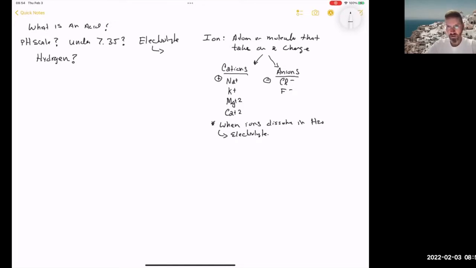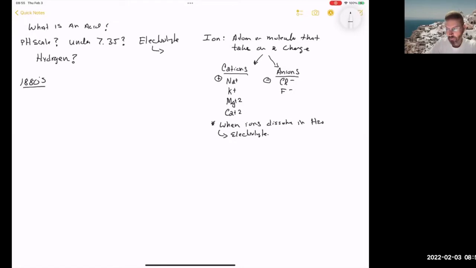There are very specific definitions and very broad definitions. The most specific definition has been around since the late 1800s, and this is the first definition, which is very specific and somewhat helpful for us. This came out in the 1880s.